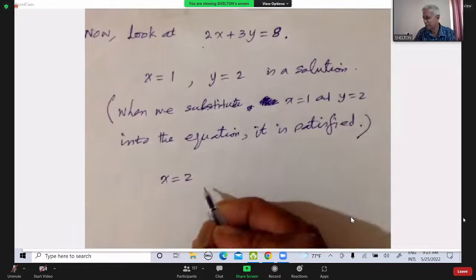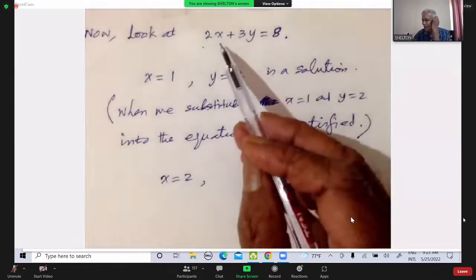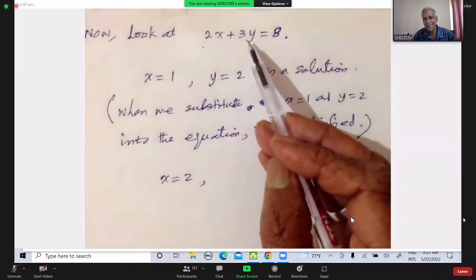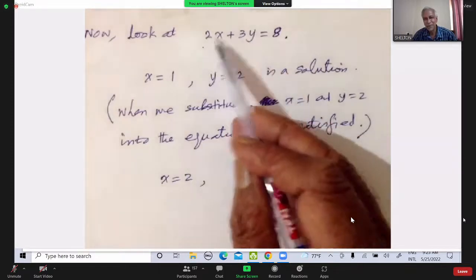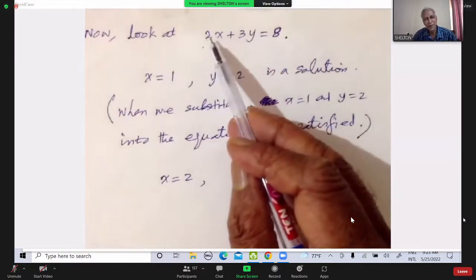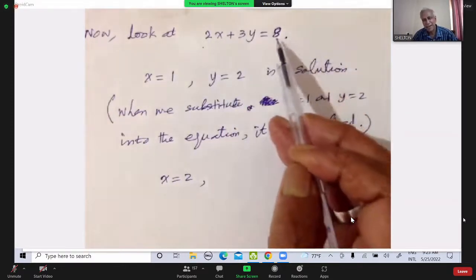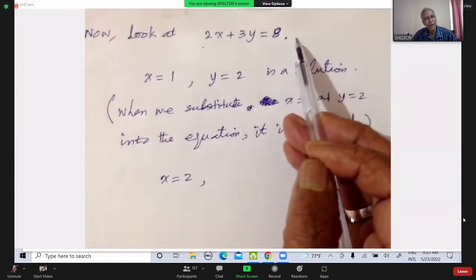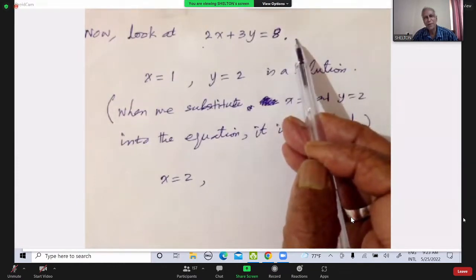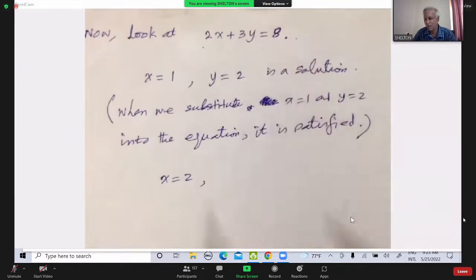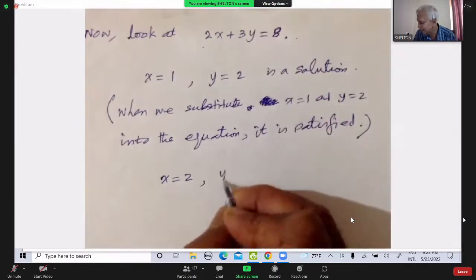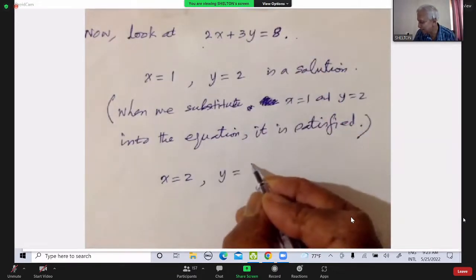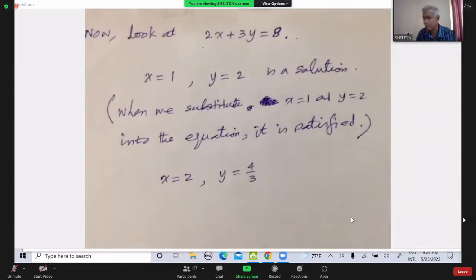If you take x to be 2, then what should y be? If it is 2, this is 4. Take it to the other side. 8 minus 4 is 4. So x equals 2, y equals 4 over 3.